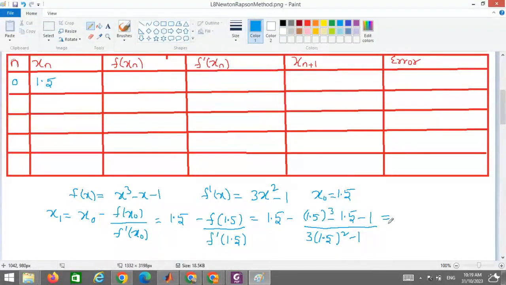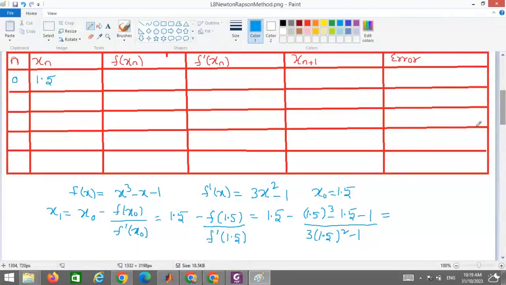So tell me, what value will you get now? What is the f of x naught value? You have to simplify, and you will get f of x naught, and simplifying further you will get the value of f dash of x naught. So if I put 1.5 cube minus 1.5 minus 1, please use your calculator.